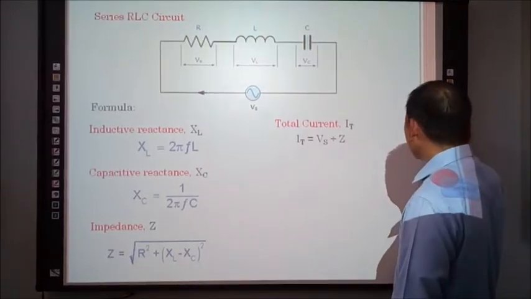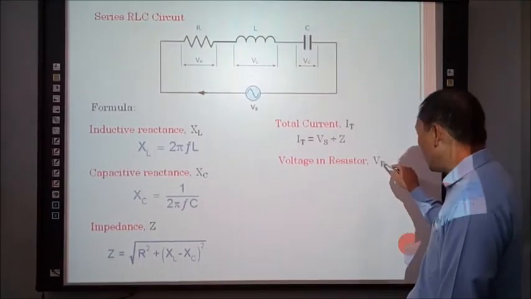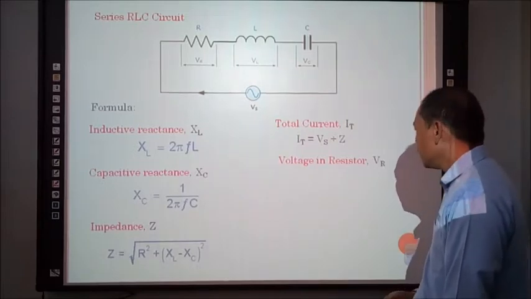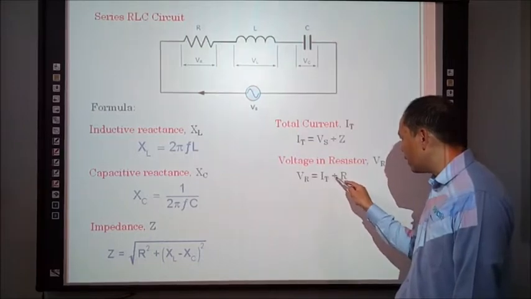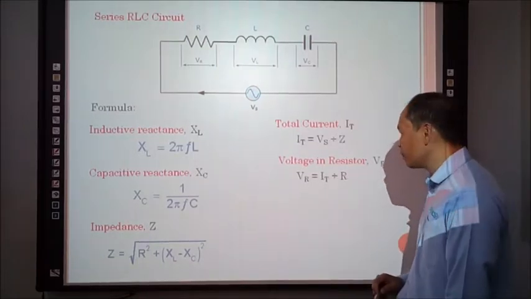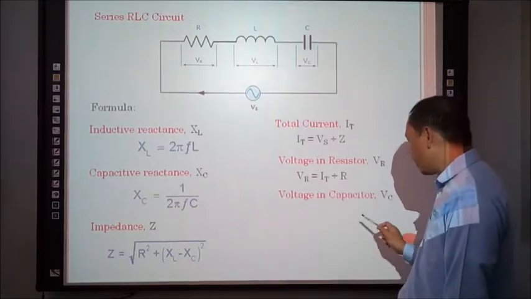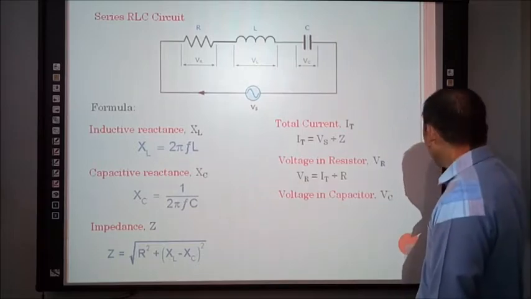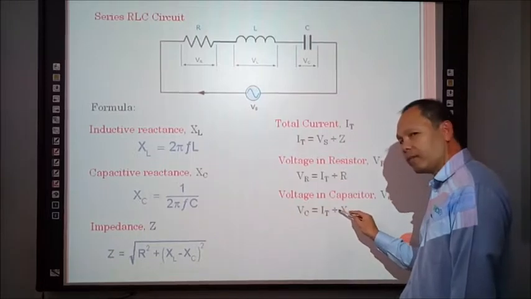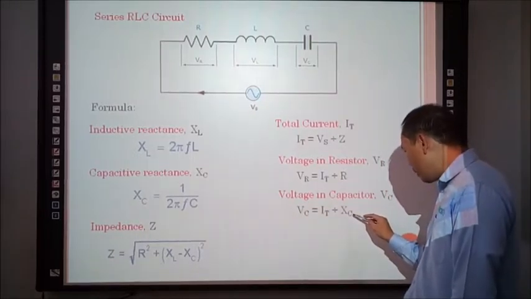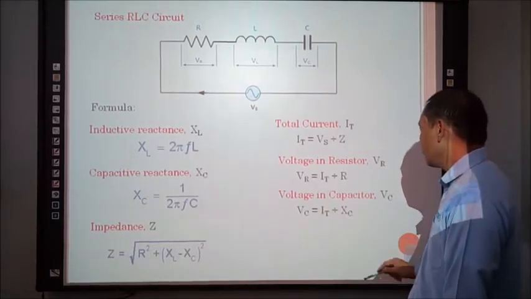Next, solve for the voltage in the resistor, which is called VR. The formula is VR, or resistor voltage, is equal to total current times the resistance. Next, the voltage in the capacitor, or VC. The formula is capacitor voltage is equal to total current times the capacitive reactance, XC.